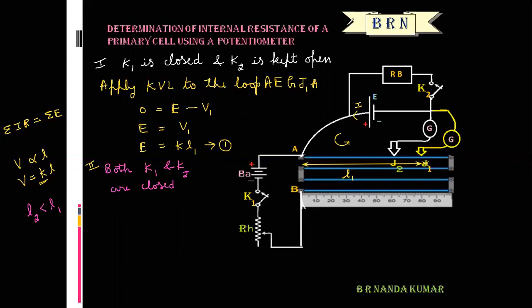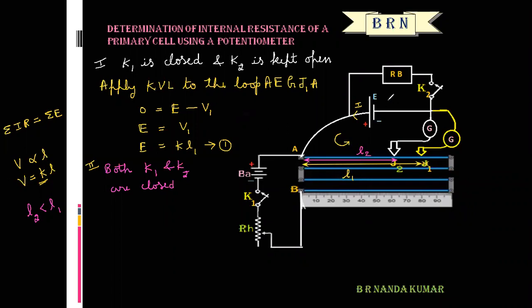This point is very important. In the second part, the balancing length L2 is less than L1. Why?